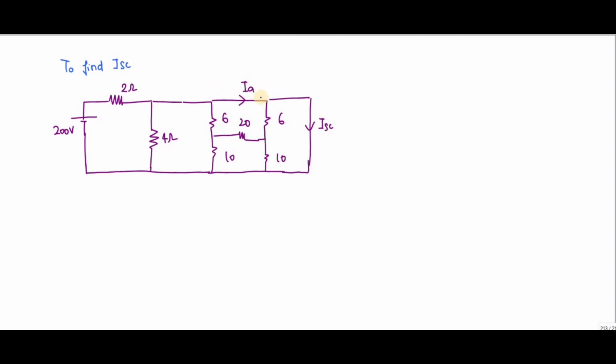IA will flow only through this ISC path, so IA is nothing but ISC, because the current will flow only through the path with very low resistance. Here the resistance value is 0, so all the current will flow through this path only. The current in this resistor is 0, so I can remove it.